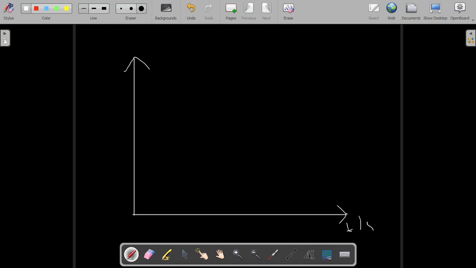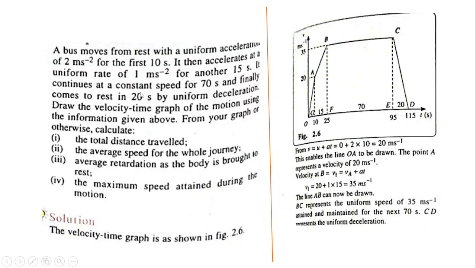Now it then accelerates at a uniform rate of 1 meter per second square for another 15 seconds. So we need to increase the line here for another 15 seconds. We need to be conscious of the lines. This must be longer than this, because here is our 2 meters per second square and 1.